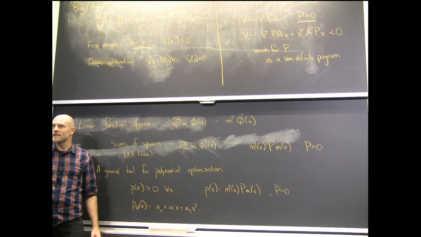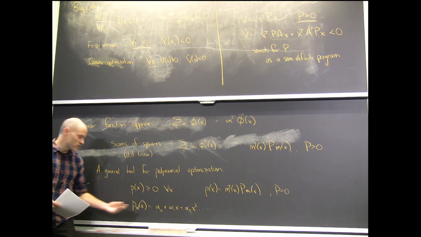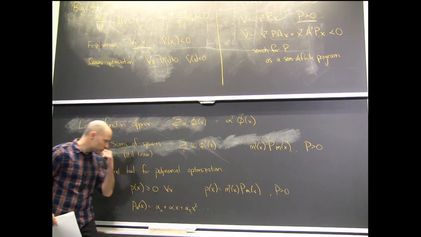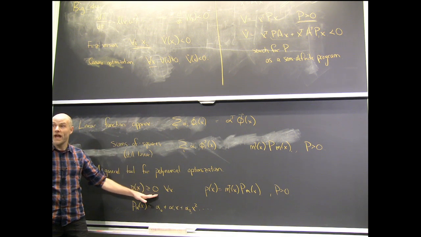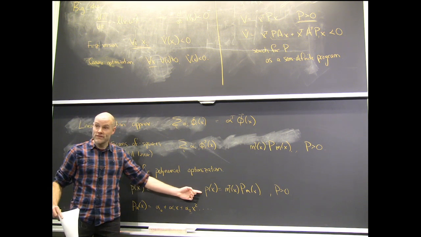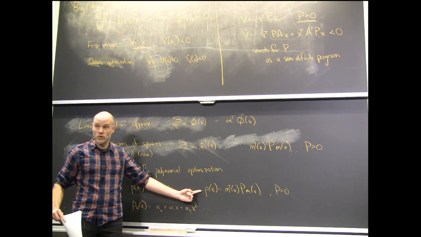Does this also work for multivariate polynomials? Absolutely. So the question was, how does this work for multivariate polynomials? In the univariate case, it is true that there is no gap: every positive univariate polynomial has a sums of squares decomposition.